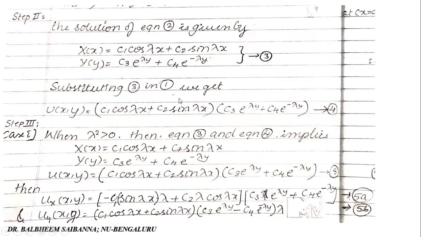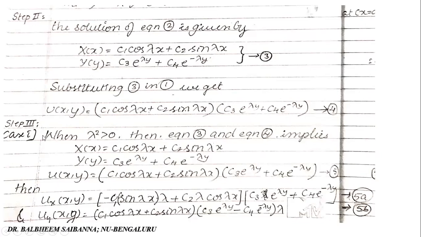Then substituting equations 3 and 4 in 1, X of x is known and Y of y is known. The main solution is u of x, y is equal to c1 cos lambda x plus c2 sin lambda x, times c3 e to the power of lambda y plus c4 e to the power of minus lambda y. Call this equation number 1.